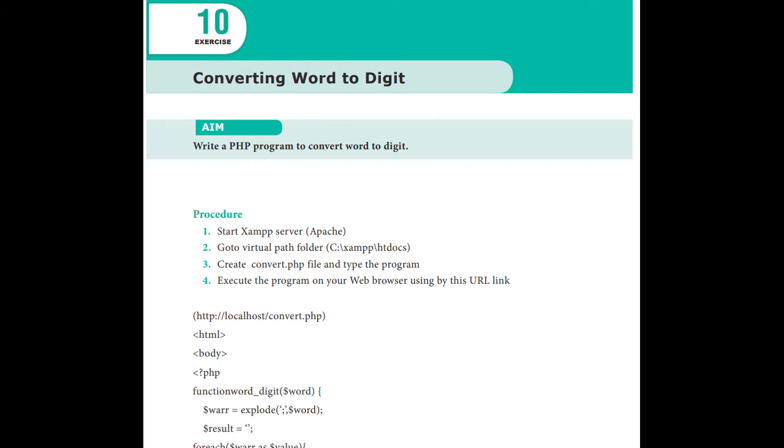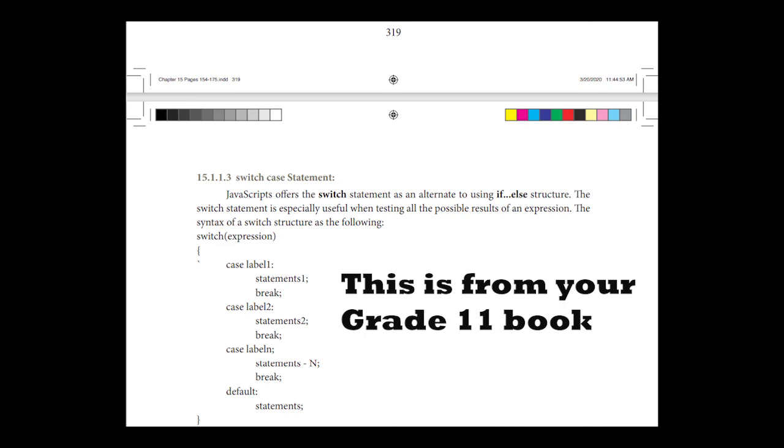You can just read it and understand the concept. This 10th exercise is also of switch case only, so you can learn the switch case program from your 11th standard book also.